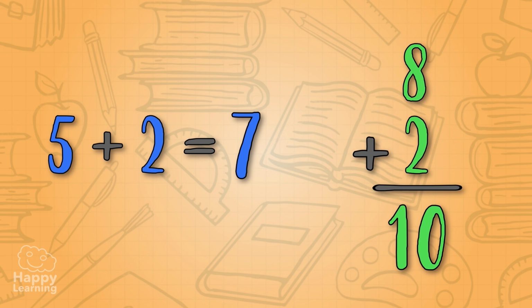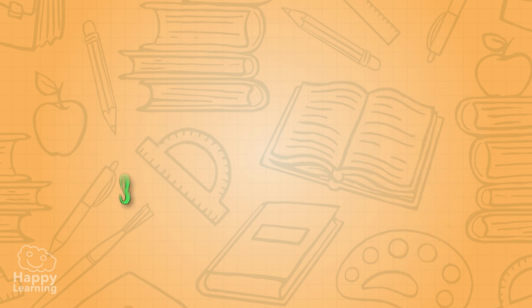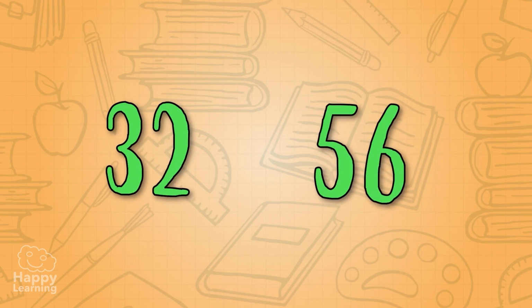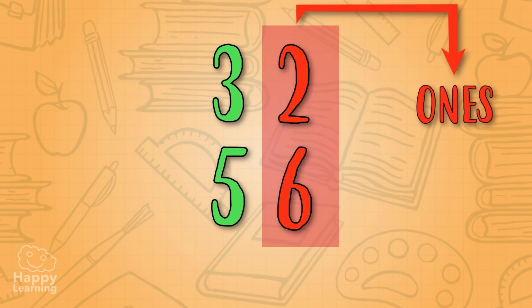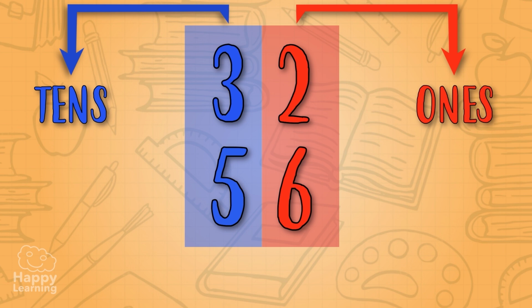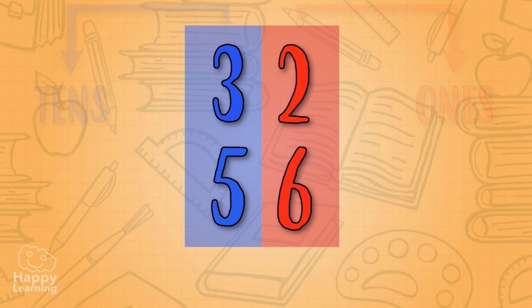To add larger figures, such as 32 plus 56, we place one summand under the other, ones under ones, and tens under tens, like this. Then we add a plus sign.